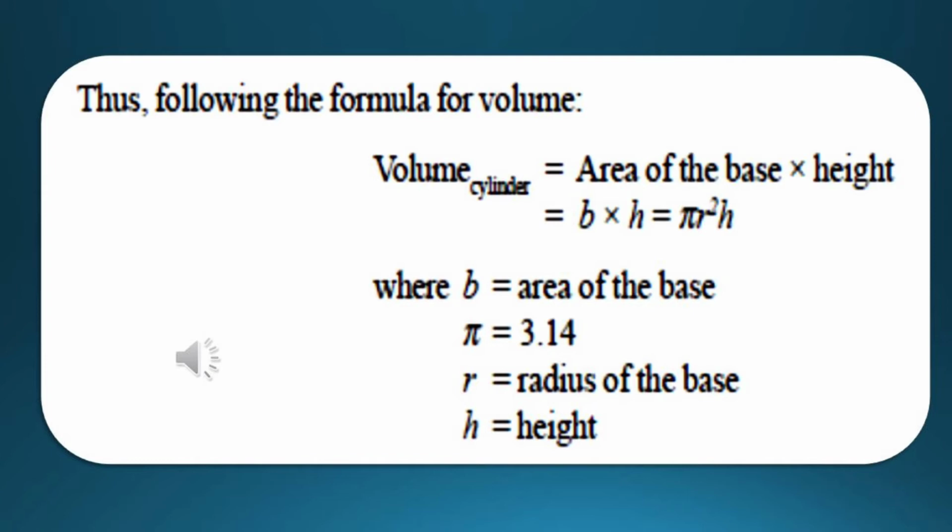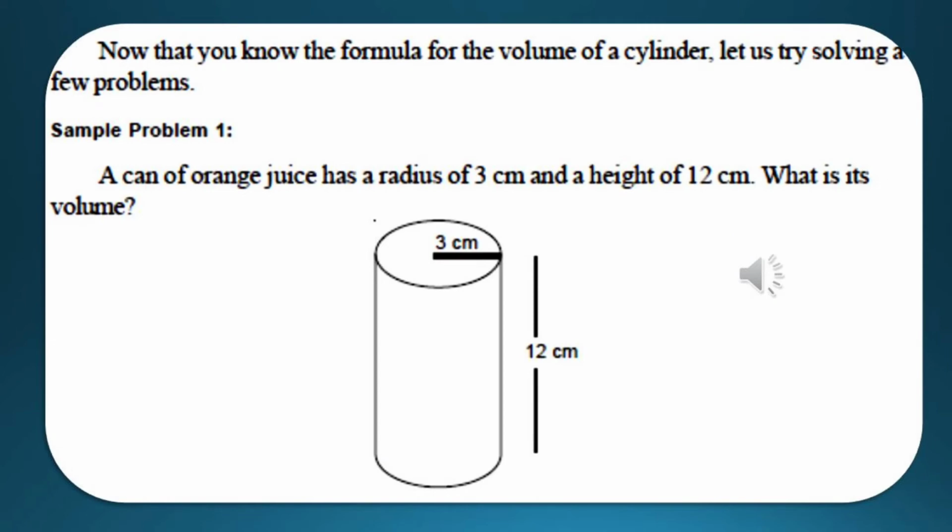That is, B times h is equal to pi times radius to the second power times height, where B is the area of the base, pi is equivalent to 3.14, r means the radius of the base, and h is the height. Now that you know the formula for the volume of a cylinder, let us try solving a few problems.